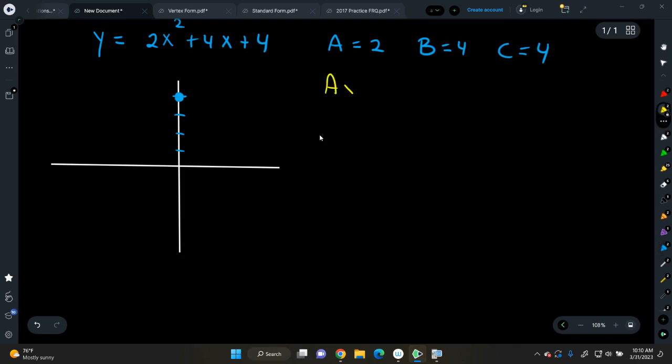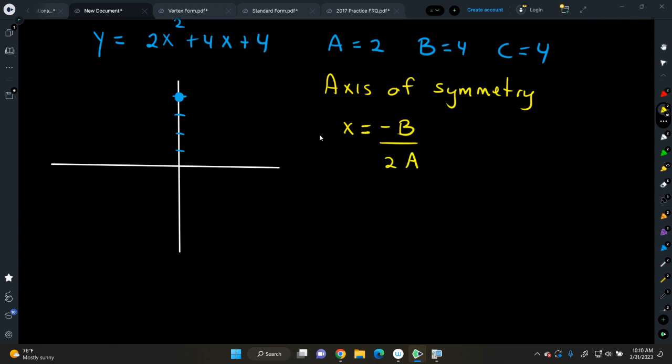Okay. Your axis of symmetry, x equals negative b over 2a. Make sure you're copying this down. You need to be able to refer to it later or you will not be able to complete your homework.